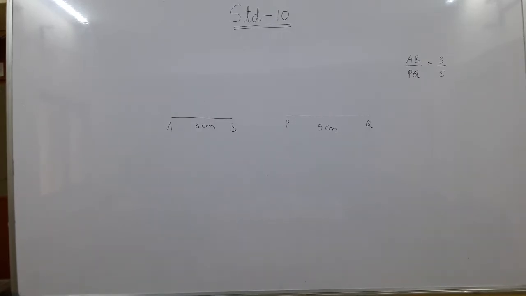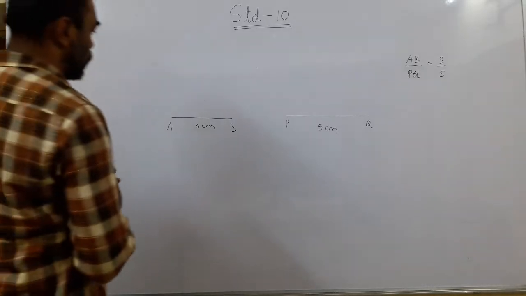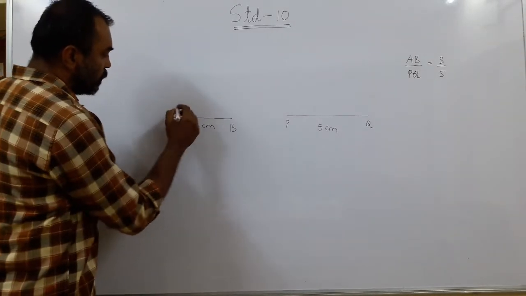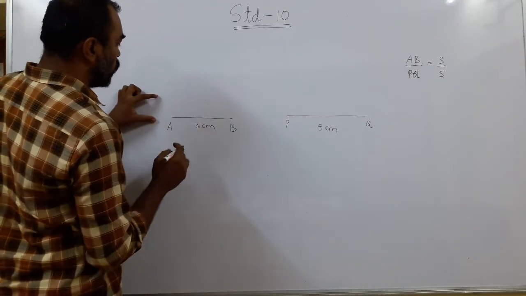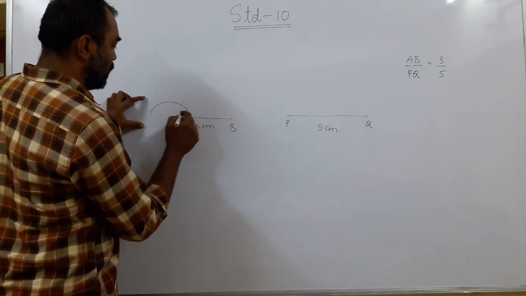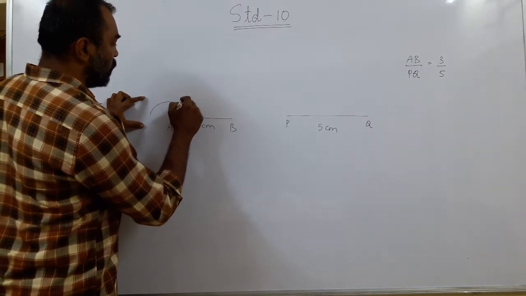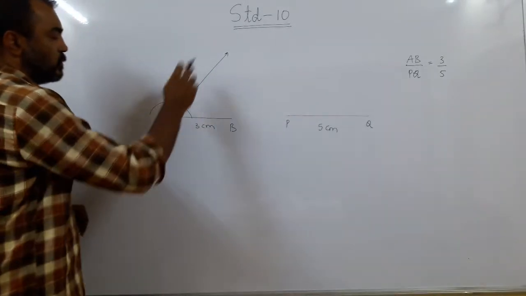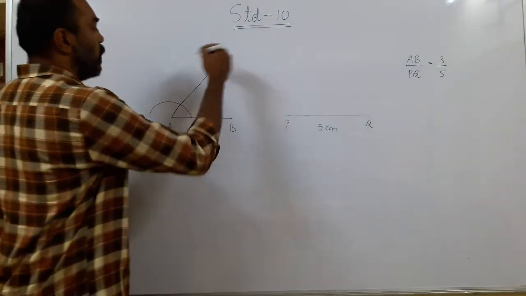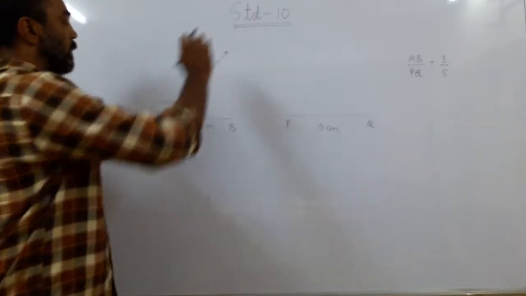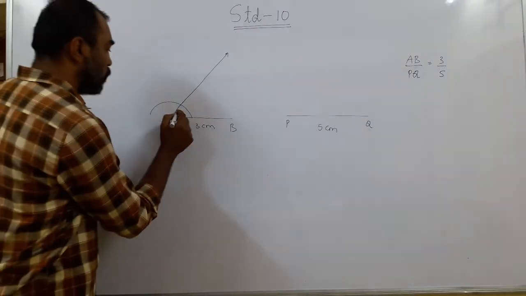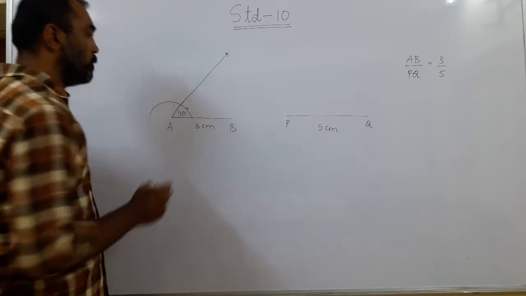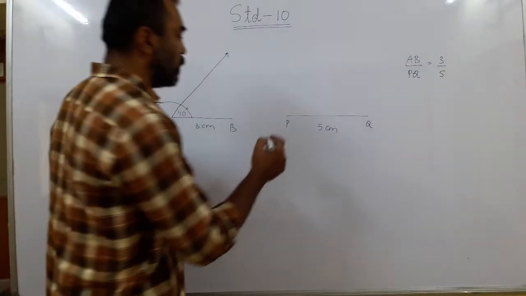Are you done here? Now using your protractor, you know how to use a protractor? You put the protractor here, the way it is given, and where it is given 40, there you draw a line and trace your line at 40 degree. Yes? So make a ray, you don't need to name it, name it 40 degree. So I have this angle as 40 degree. Repeat the same over here.